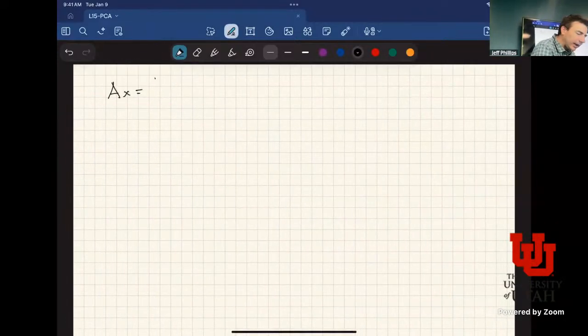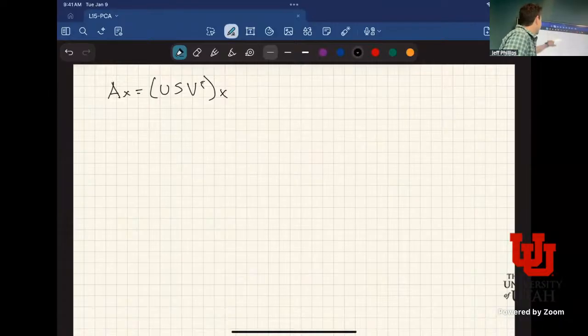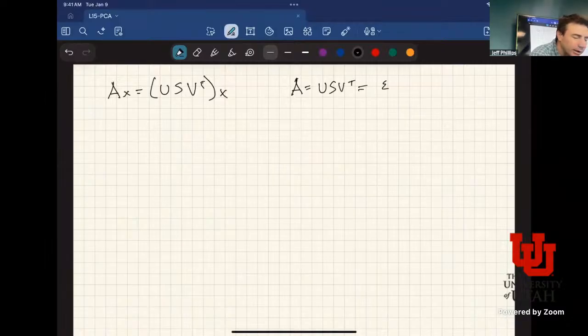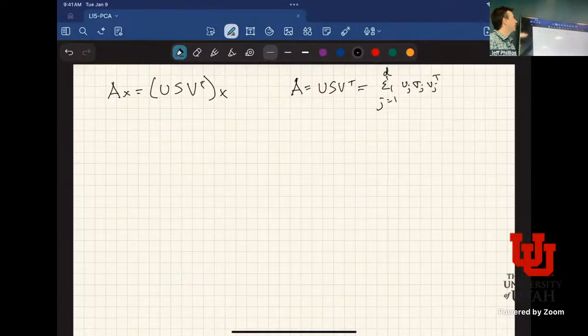I can write that AX is equal to U S V transpose X, because this recovers X exactly. I can also decompose A equals U S V transpose as the sum from j equals 1 up to d, assuming d is less than n, otherwise you reverse some stuff, of u_j sigma_j v_j transpose.